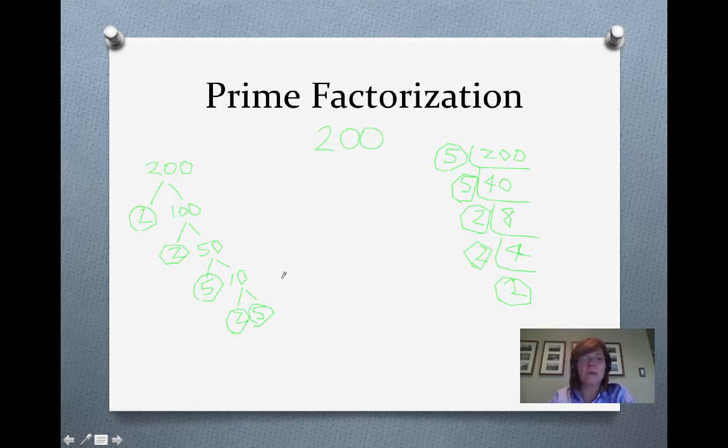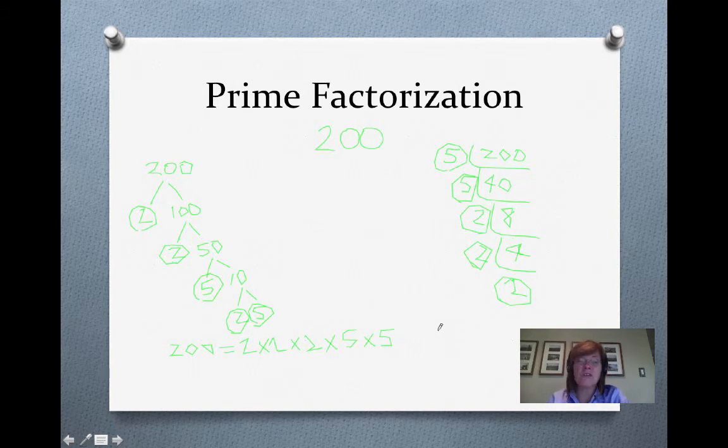Let's check. We have three 2's on the tree, and three 2's on the ladder as well, and we have two 5's on our tree and two 5's on our ladder. So our equation, regardless of which way we've done it, will come out the same. Let's write down our equation. 200 equals 2 times 2 times 2 times 5 times 5.